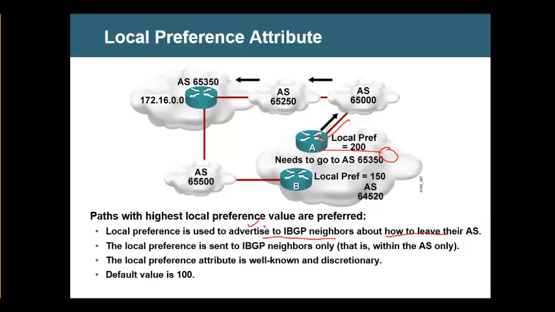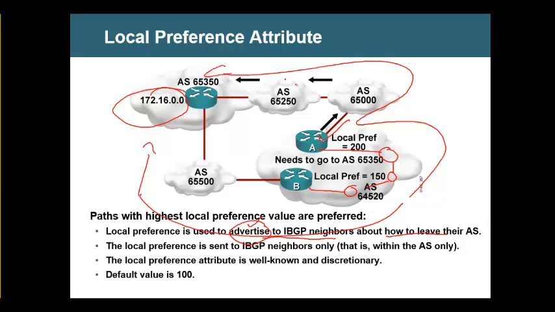I'm not only using the word advertise, I am also using the word advise. Advertisement will go. In the advertisement, there is an advice given to every router that, to reach this 172.16.0.0, you may go like this, but I advise you, meaning I prefer you to come this way.